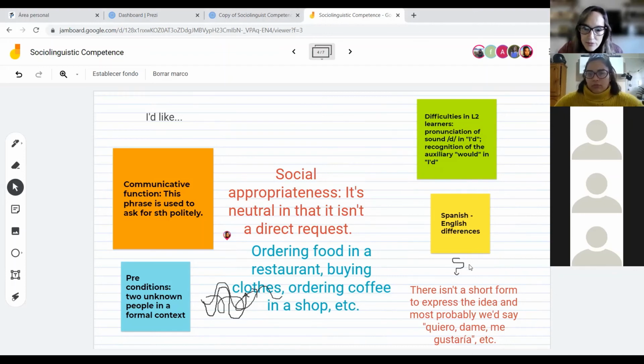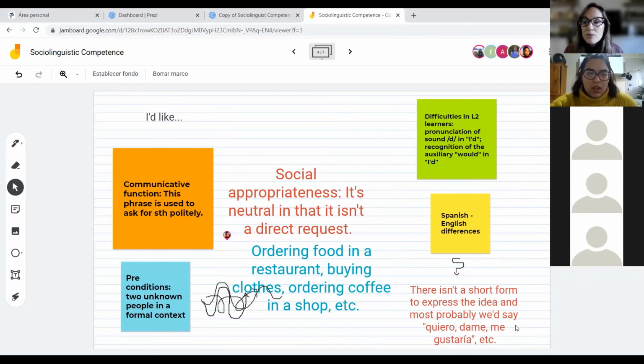English-Spanish differences: there isn't a short form to express the idea, and most probably we would say quiero, dame, me gustaría, etc. Actually, the would is synthesized, let's say, in the -ía. Me gustaría, querría. Yes.